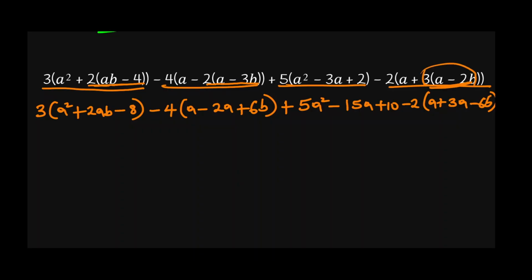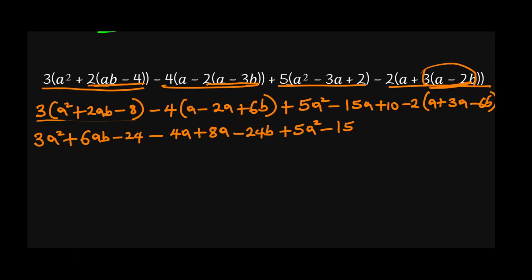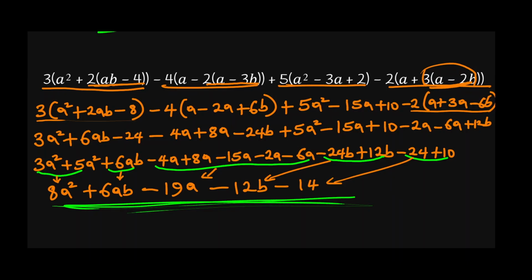So that gives us, we expand this fully now. 3a squared plus 6ab minus 24 minus 4a plus 8a minus 24b plus 5a squared minus 15a plus 10 minus 2a minus 6a plus 12b. We have expanded this part fully. So that's all the brackets gone. And this is the end of the question anyway, but I'm going to simplify it to get to the simplest form. When we simplify further, this is what we get.